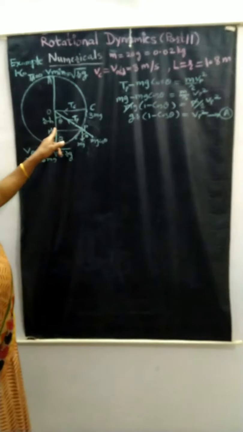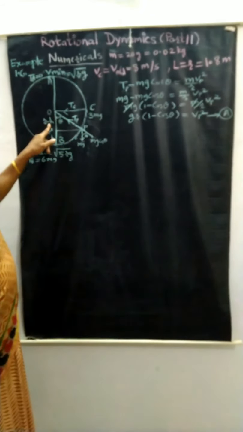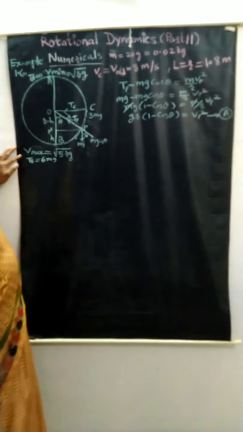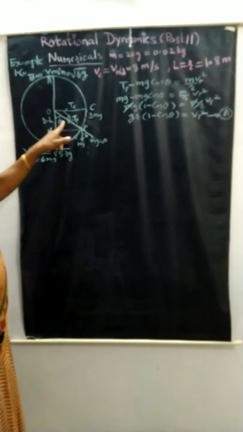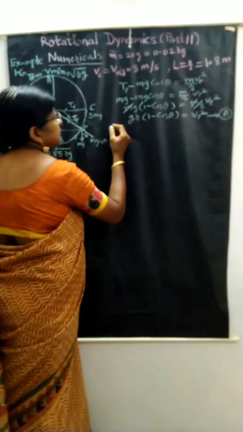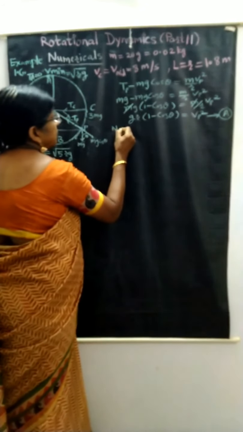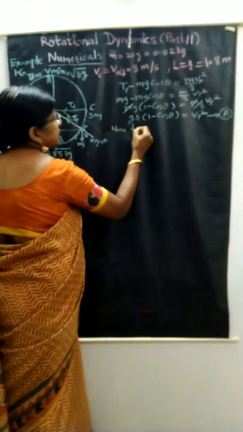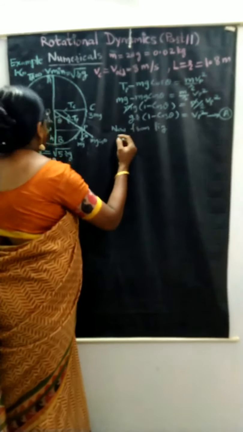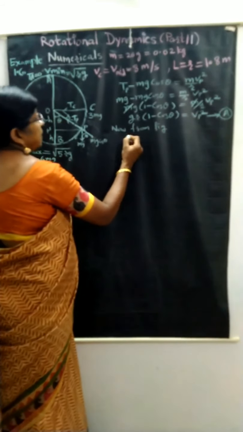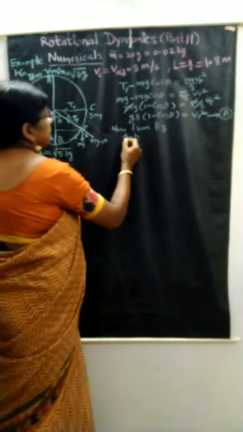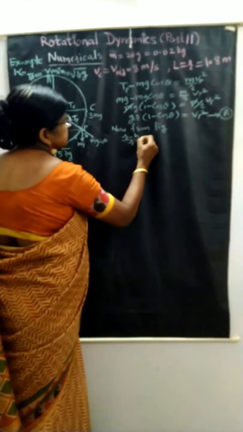From this triangle, this r minus h upon this r is equal to cos theta. So cos theta is equal to, from the figure, r minus h means the adjacent side divided by hypotenuse means r.